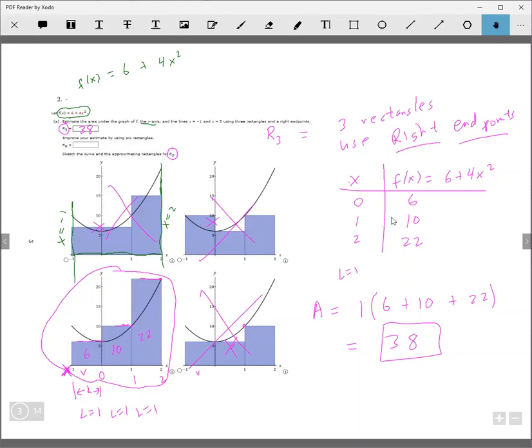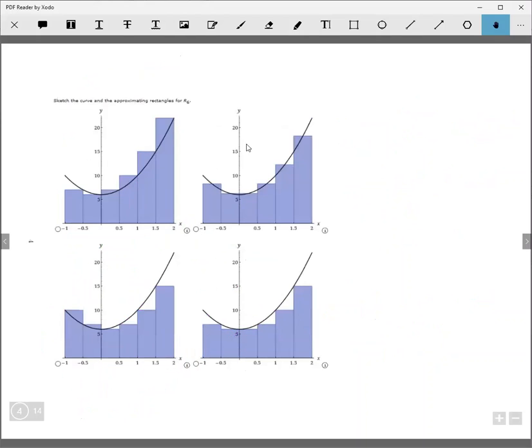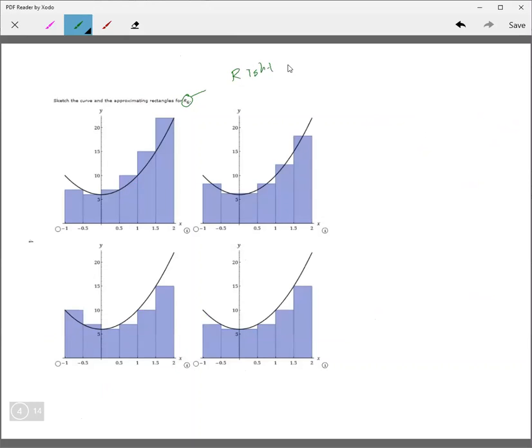Now we're also supposed to do R6. Let's go to the next page for that one. That means right endpoints and 6 rectangles. So here, this is the right endpoint here. It looks like this is it right here, it has 6 rectangles.